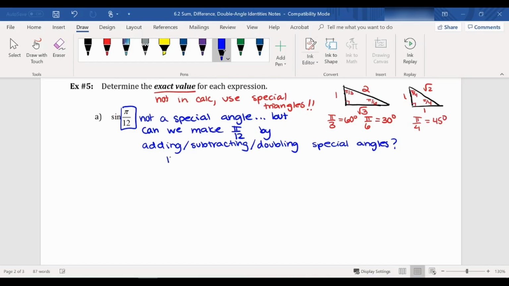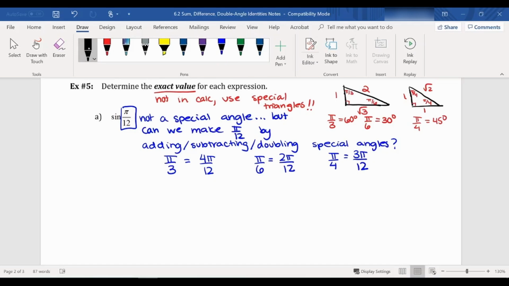So our angles were pi over 3, which is the same as 4 pi over 12, pi over 6, which is the same as 2 pi over 12, pi over 4, which is the same as 3 pi over 12. The reason I'm using pi over 12s here is because the question says pi over 12. If it was over 15, I would have put these all over 15.